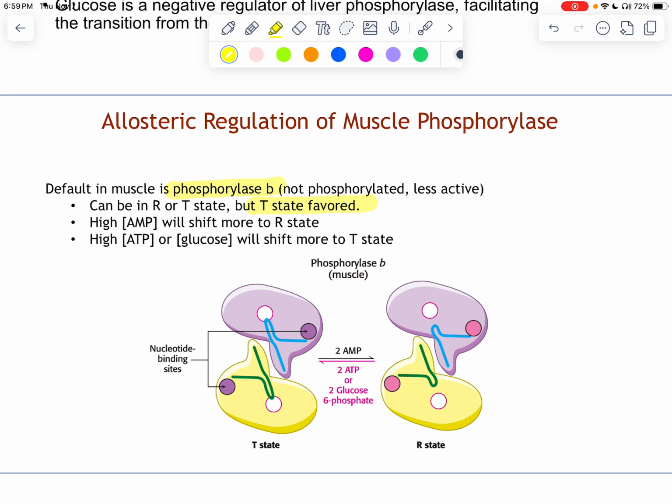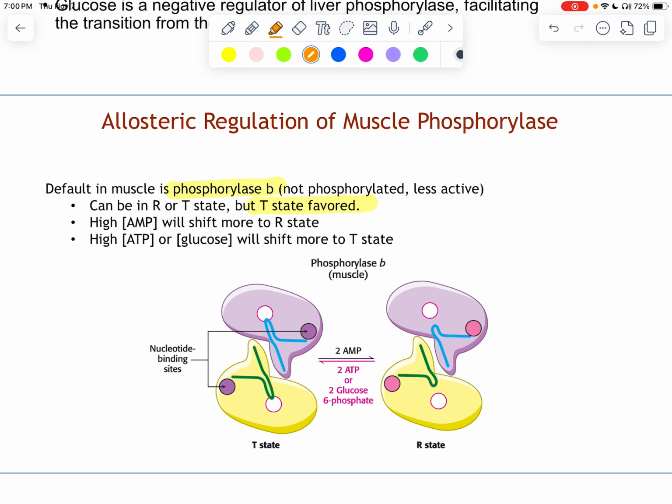But now we will be able to affect this two ways. We have two, or really three, allosteric effectors, a positive and then the negative allosteric effectors. So it is positively affected by AMP.